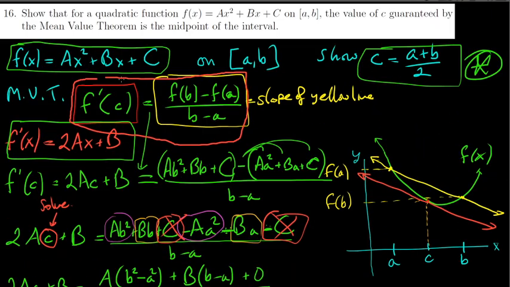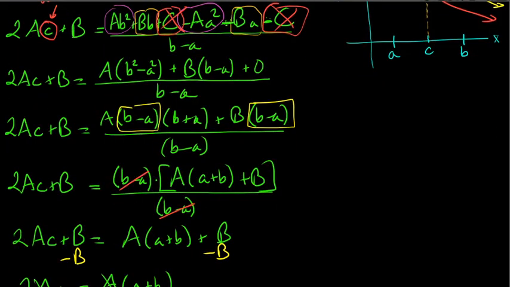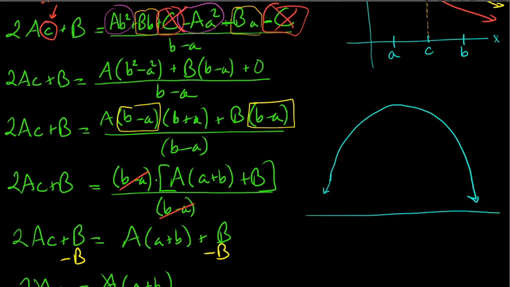Anyways, so the whole point of this is that anytime you have a quadratic function, right, let's say we have a parabola, let's say this is the graph of the parabola here, right? And no matter what interval you choose, like let's say this is my a here, and this is my b here, right?